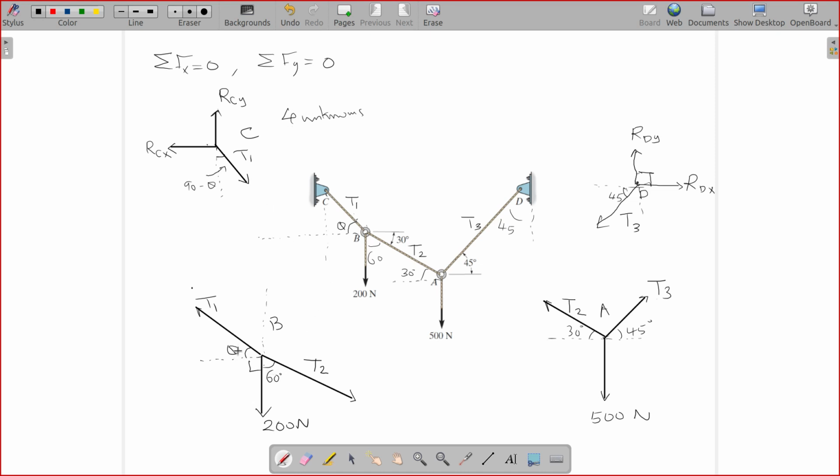How many unknowns are here in this junction B? Theta is unknown, T1 is unknown, T2 is unknown. So 3 unknowns. How many unknowns are here? T2 and T3. So 2 unknowns. How many unknowns are here?